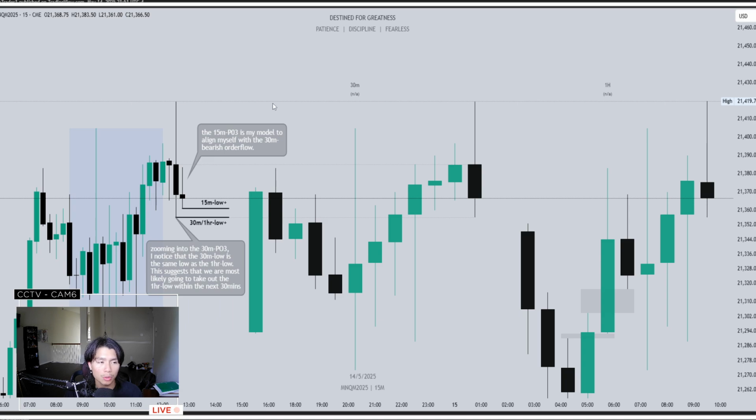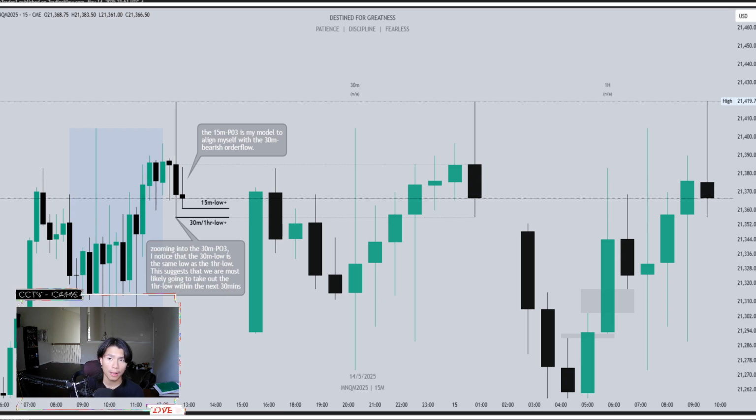Whenever I zoomed into the 15-minute time frame, my indicator showed me that this 30-minute candle here has the same 30-minute low as the hourly low. So that means that my higher time frame objective, which was on the hourly time frame, just got scoped into the 30-minute time frame.